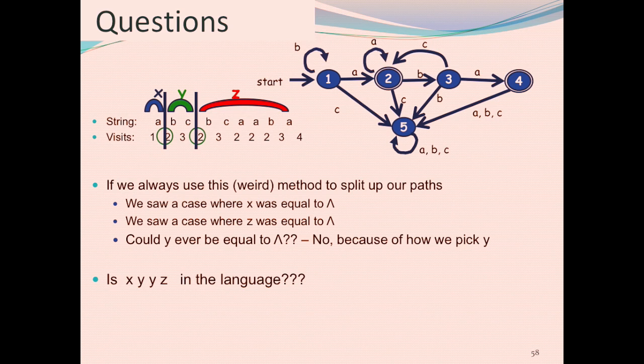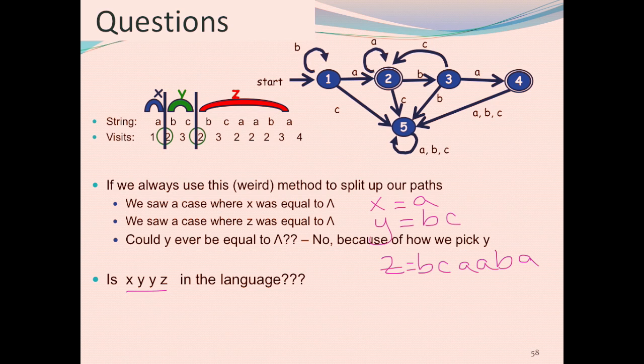Okay, here's another question for you. Is the string x, y, y, z in the language? Let's look at this example up here for a minute. X is equal to A, y is equal to BC, and z is equal to BC, A, B, A. So I'm asking whether x, y, y, z is in my language.